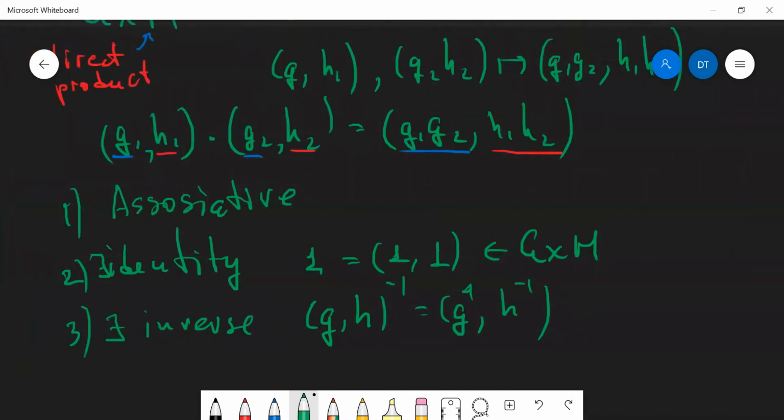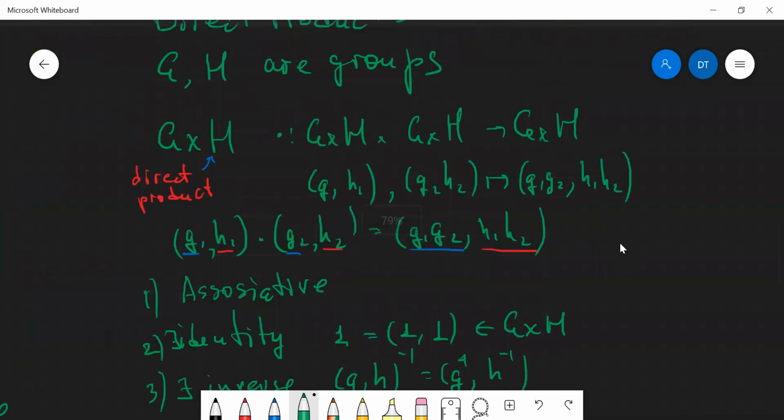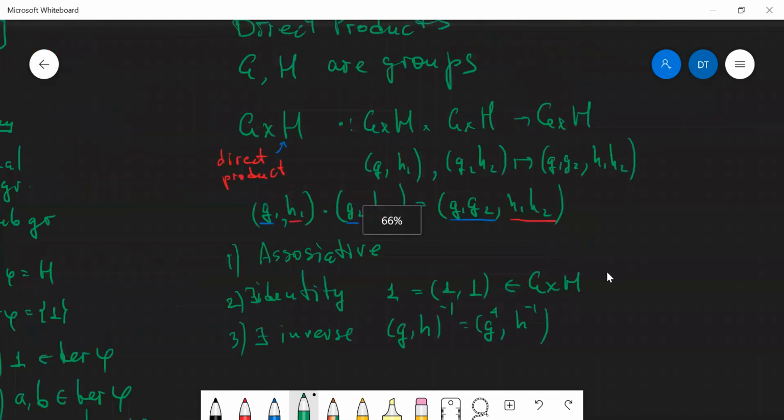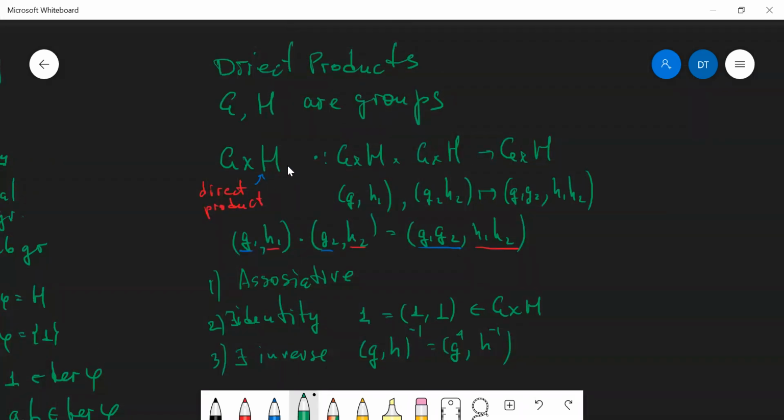This is more or less all you need to know about the direct product. It's just the definition of a group. Let me just recall that by definition, a direct product is a Cartesian product of two sets with the coordinate-wise operation, and the identity element is this thing, and the inverse element for each pair is this thing. And that's it. Are there any questions here?